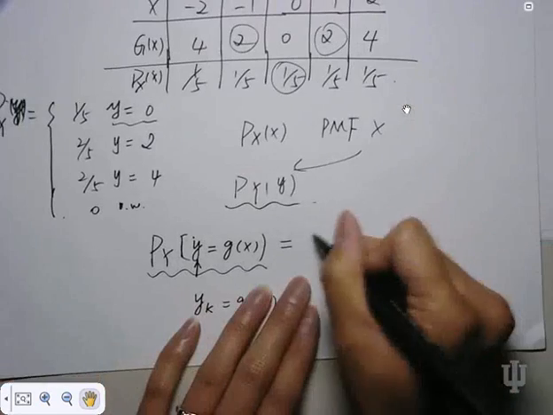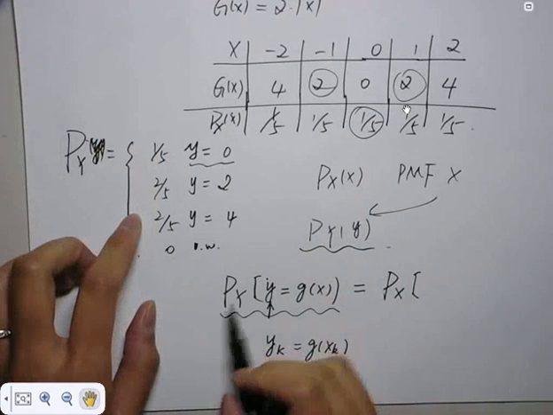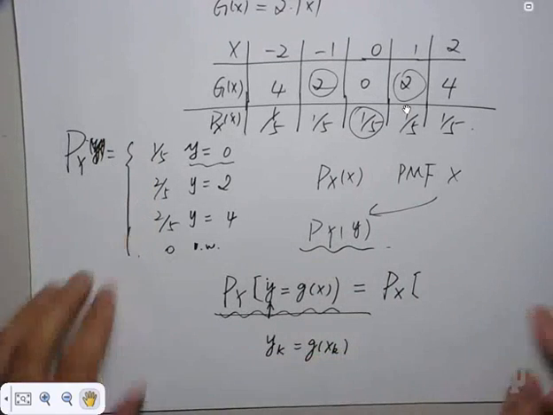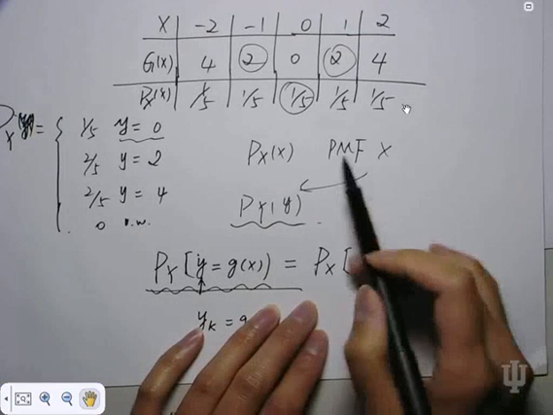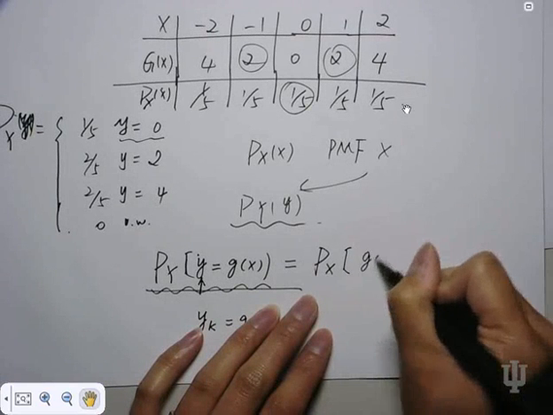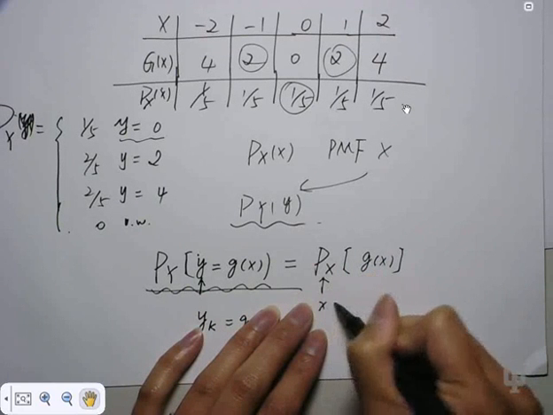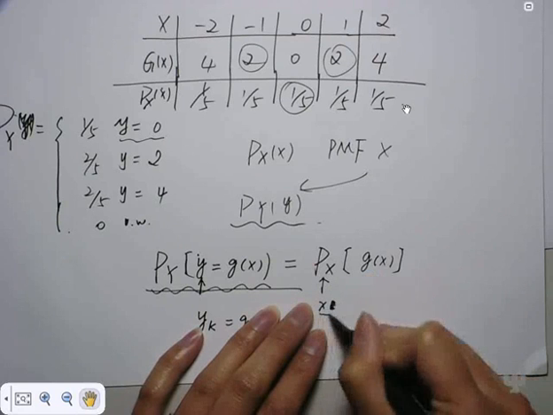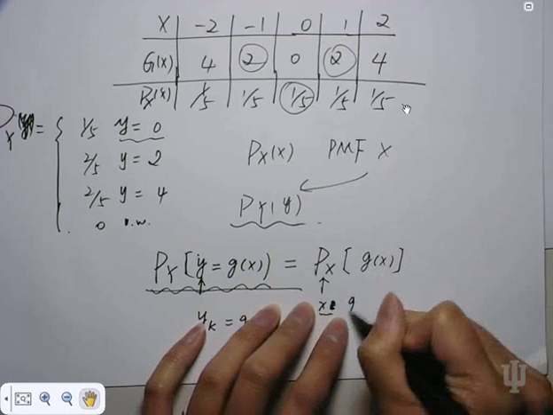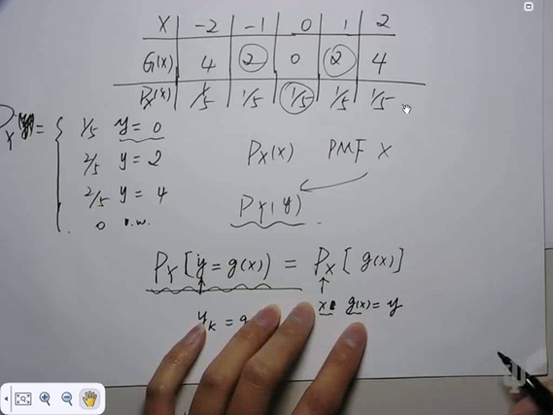So if I want to write out the probability mass function of y directly from the probability mass function of x, what I can do here is this: small x needs to satisfy g of small x equals y, right?